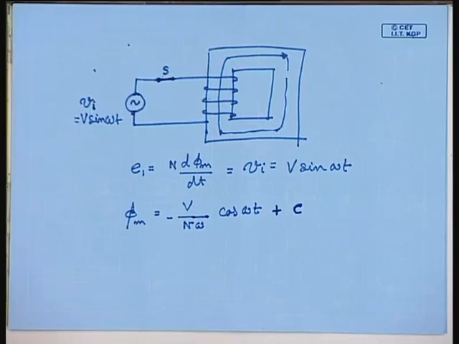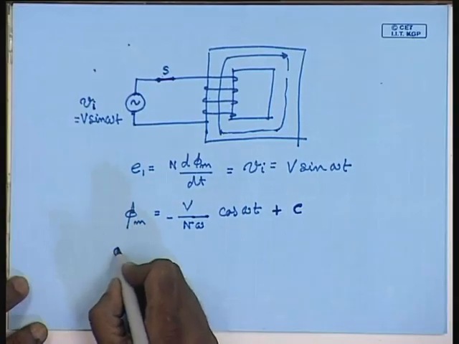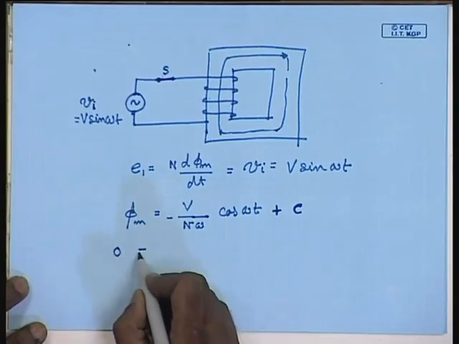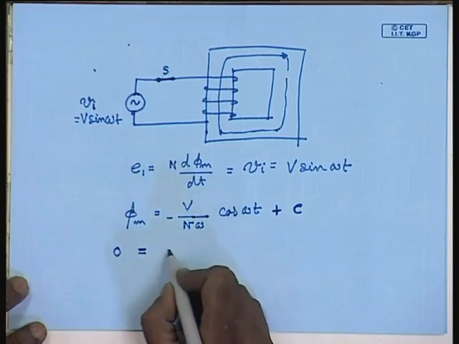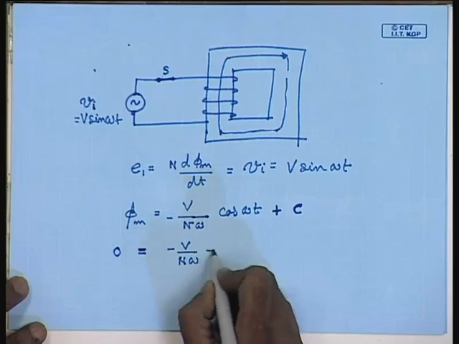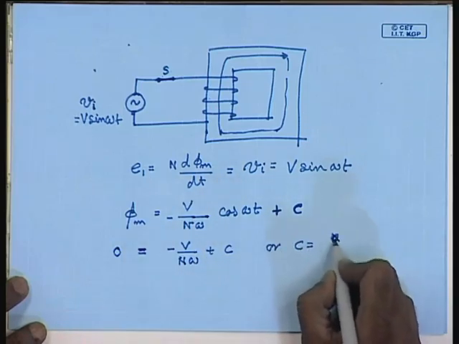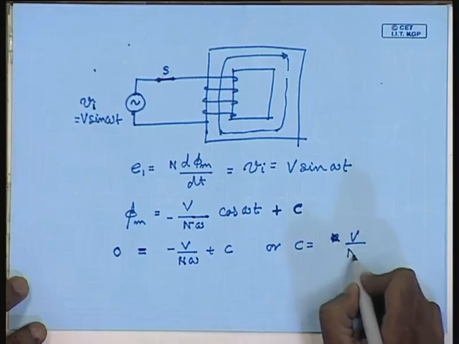At time t equal to 0, one would expect that the core is de-energized. So, phi m at time t equal to 0 may be assumed to be 0. So, at time t equal to 0, C equals V divided by N omega.